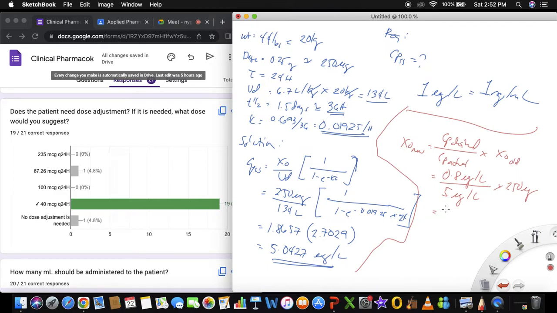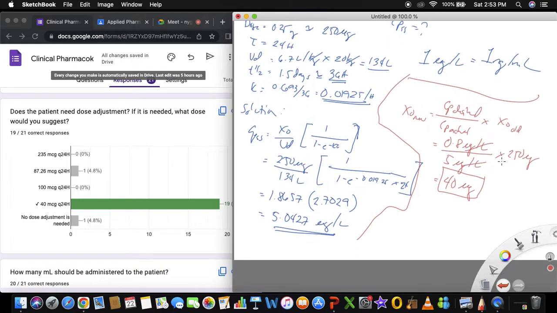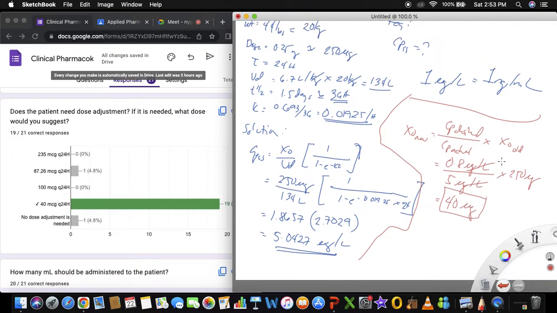You get 40 micrograms, class. So, therefore, yes, patient needs dose adjustment. Kung mag-adjust man tayo ng dose, gagawin natin siyang 40 micrograms na lang. Okay?